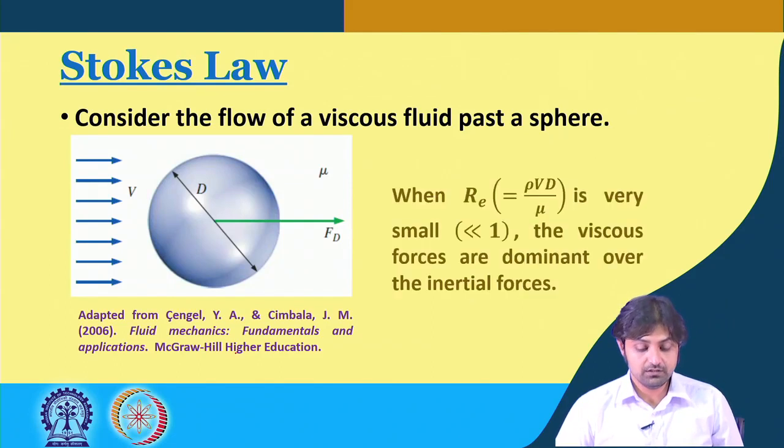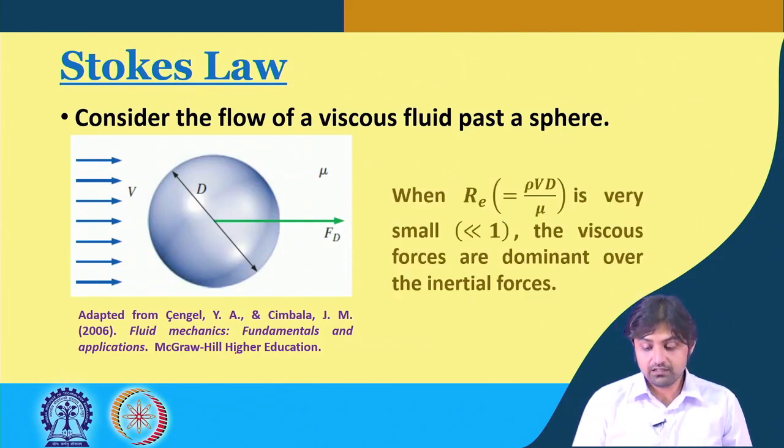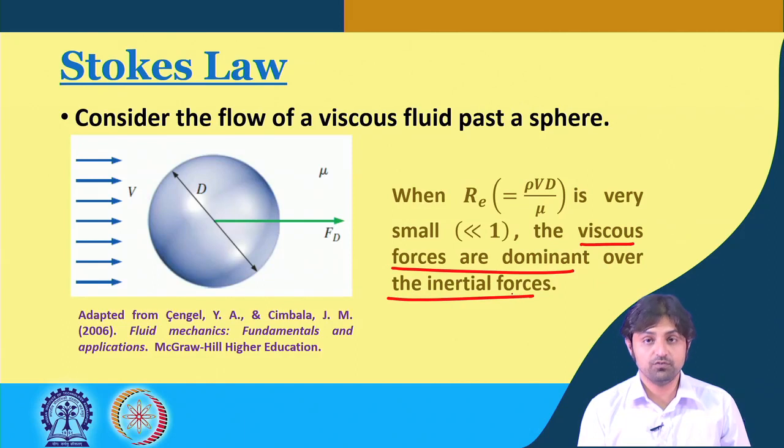When the Reynolds number rho Vd by mu is very small, the viscous forces are dominant over the inertial forces.